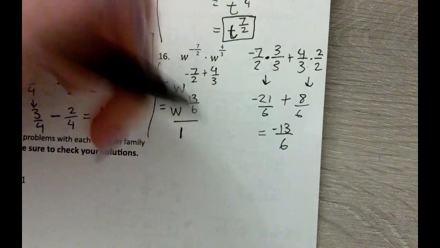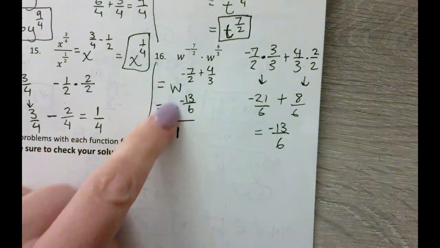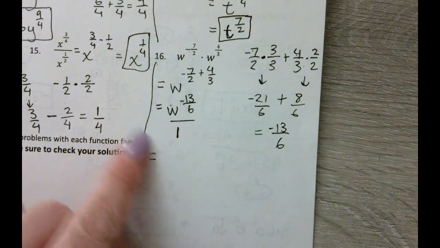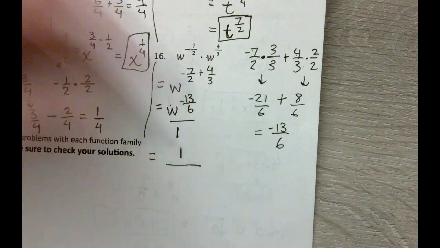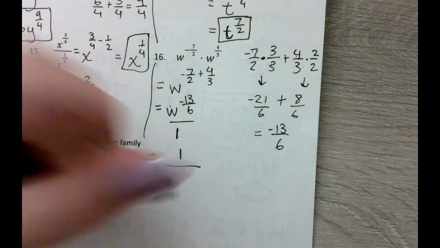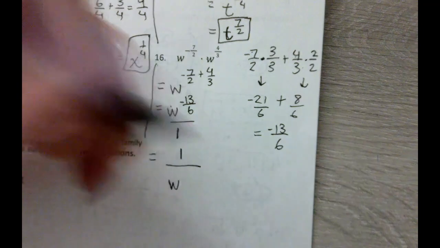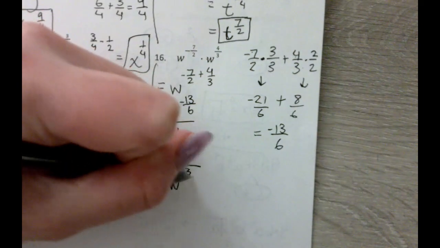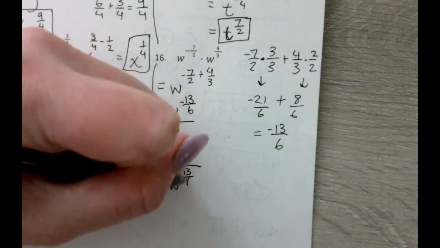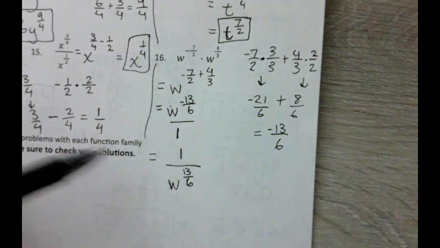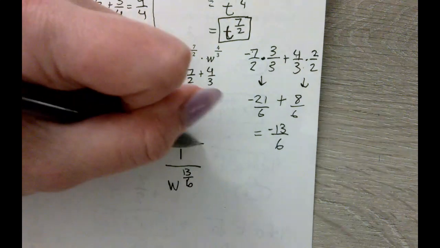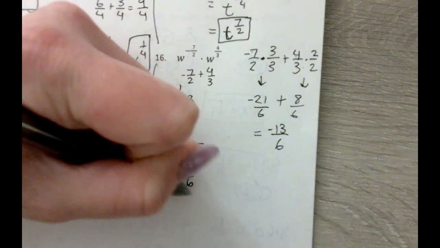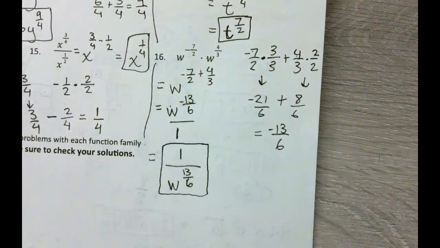And I'm going to butt into this space down here. So you flip it. If this is on top, you bring it to the bottom. So now I'm going to have 1 on top. And this is going to be on bottom, w. And then now I can get rid of the negative exponent. So it's 1 over w to the 13/6. And now I'm done. That is how you get rid of a negative exponent.